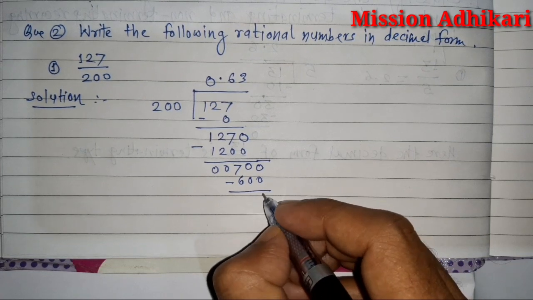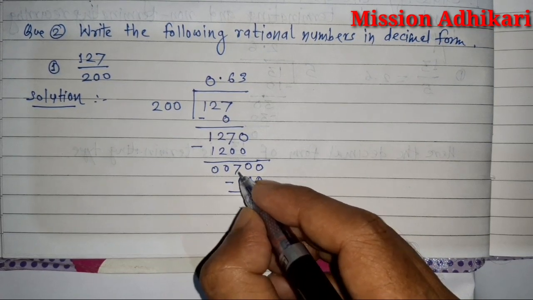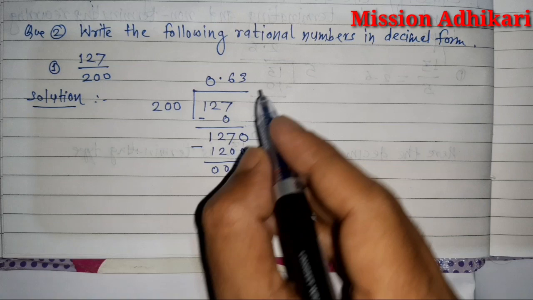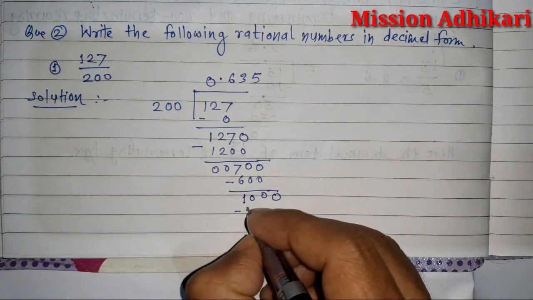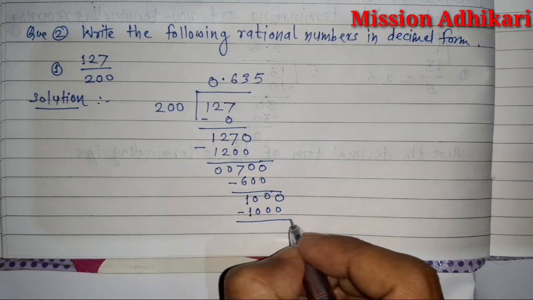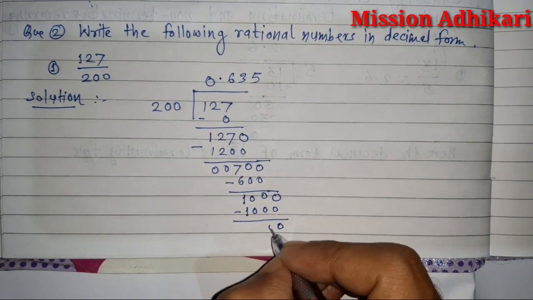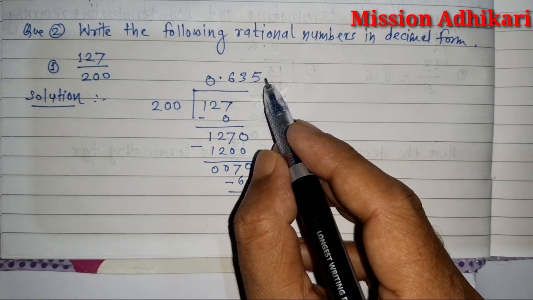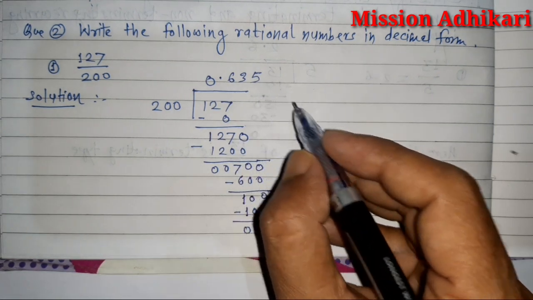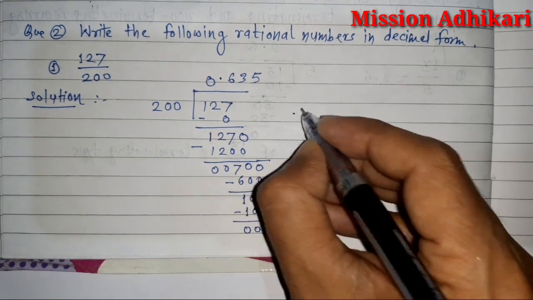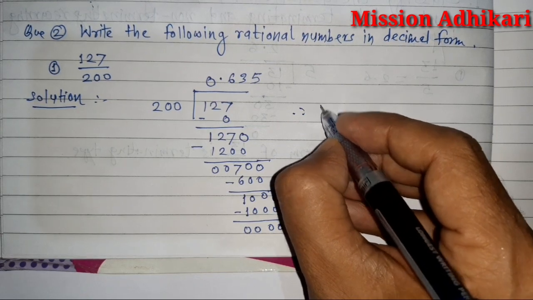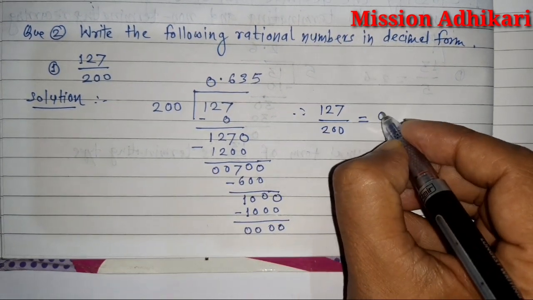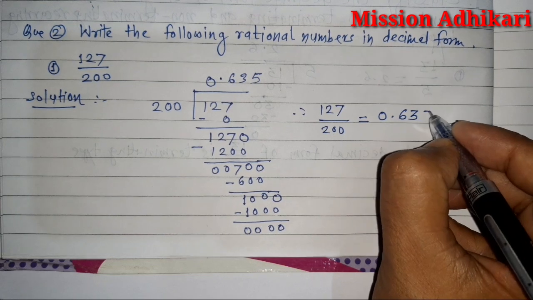Now we subtract, 700 minus 600, 100. Again we take 0, 1000. 200 times 5 is 1000. Now we subtract 1000 from 1000. We get 0. Here the quotient is terminating because the quotient is ending. Therefore the decimal form of rational number 127 upon 200 is equal to 0.635.